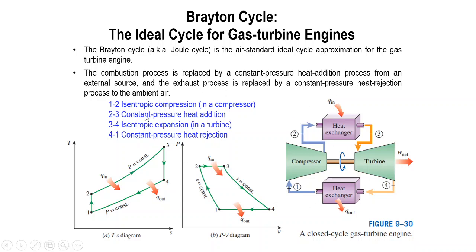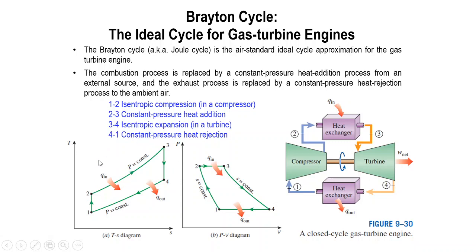Okay, so process 1 to 2 is the isentropic compression. As we look at the T-S diagram, 1 to 2 is an isentropic compression, where S is entropy. So 2 to 3 is a constant pressure heat addition.